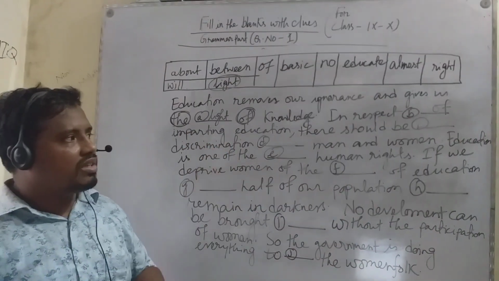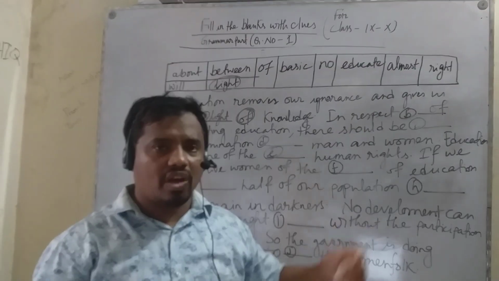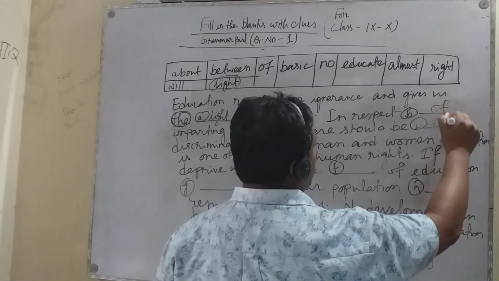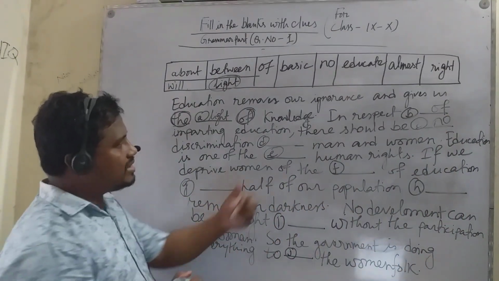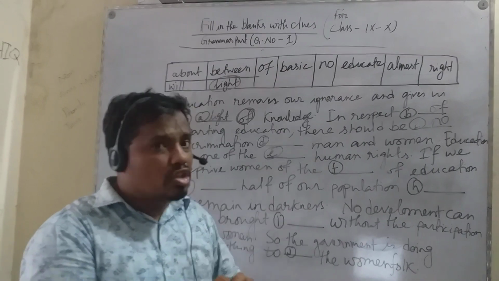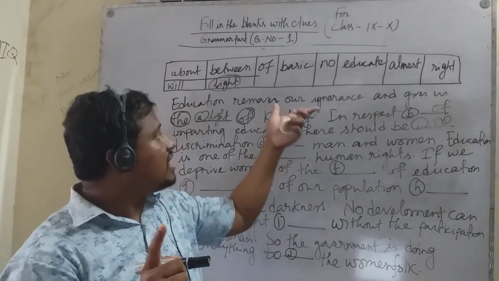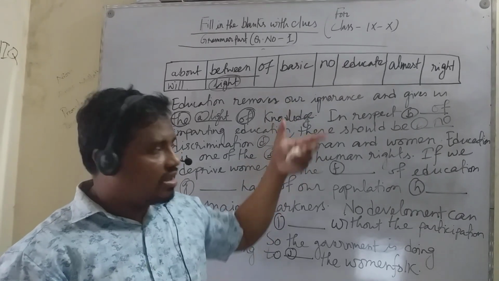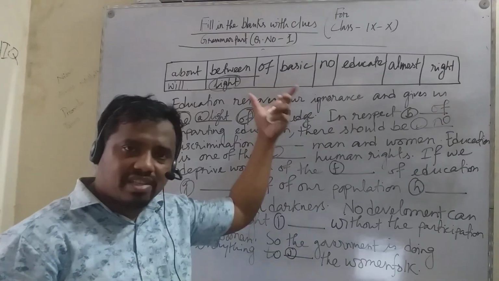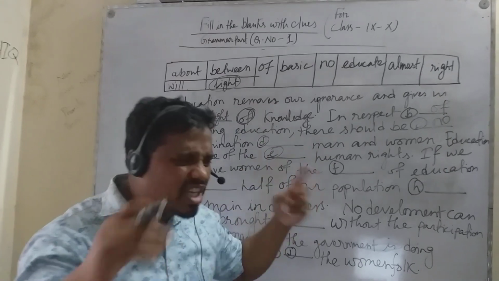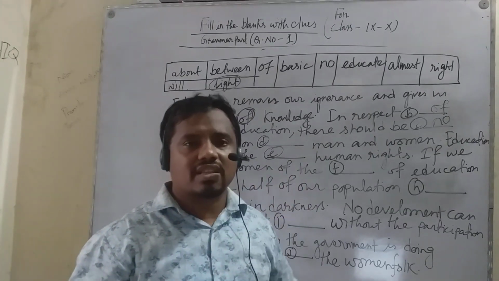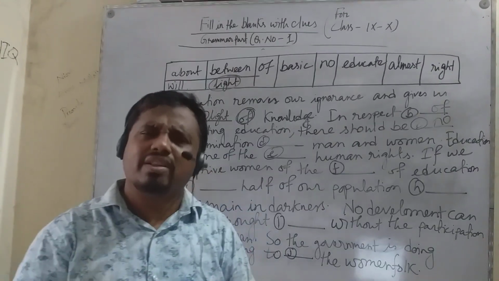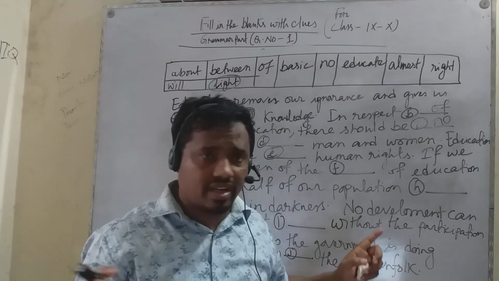Dash discrimination, it's a negation. There you have to use a negation here. There should be no discrimination. Now try not to write the answer only by reading the first or second line of the question. Try to read the whole passage first, then try to understand which theme it is discussing. Then I think you will be able to answer it very perfectly.